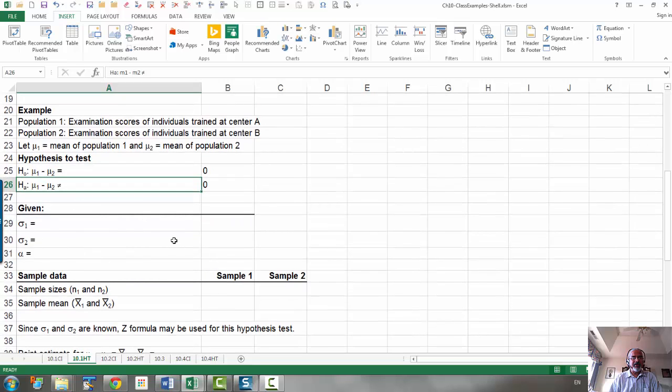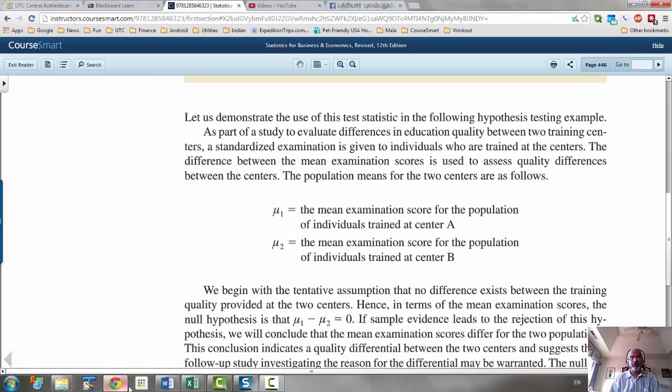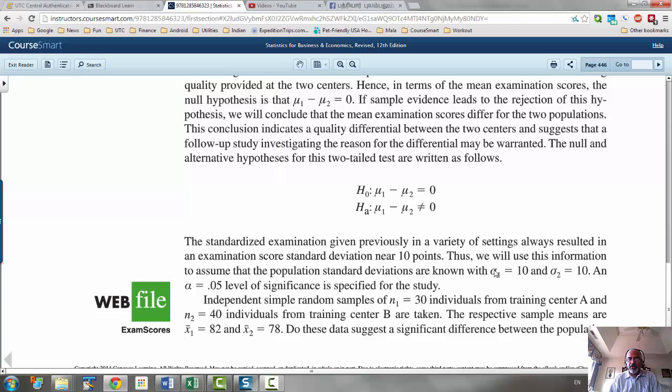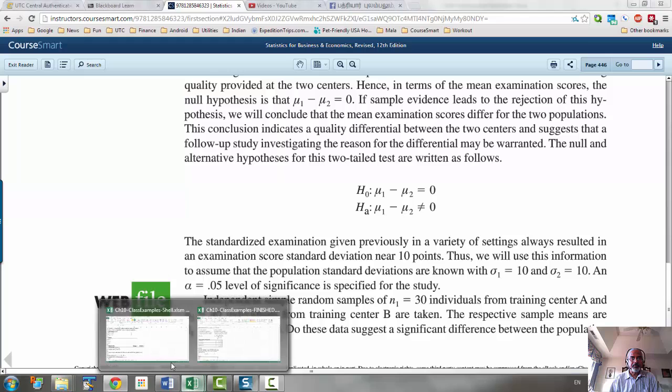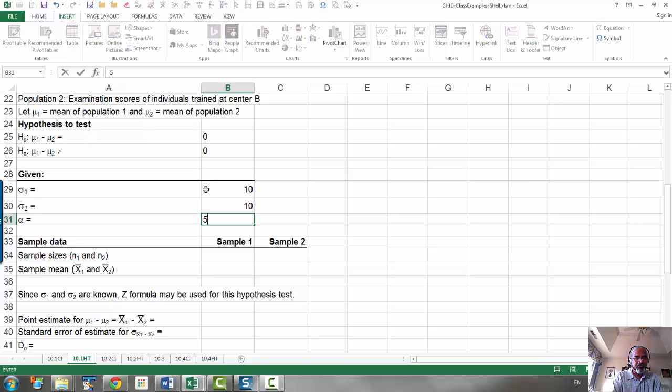Now let's gather the information given in the problem. Here we are told that sigma sub 1 is 10 and sigma sub 2 is also 10, and alpha is 0.05, the level of significance. So sigma sub 1 is 10, sigma sub 2 is 10, and 5% is the alpha value.